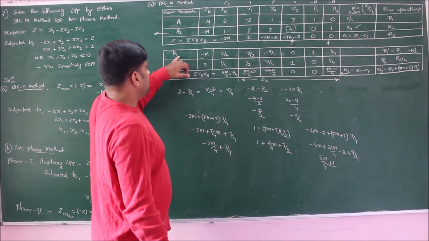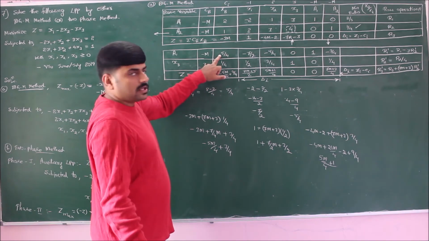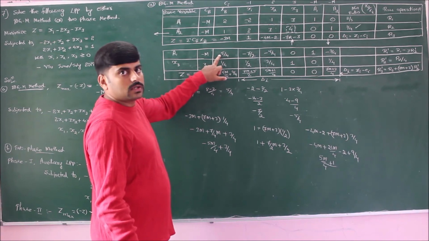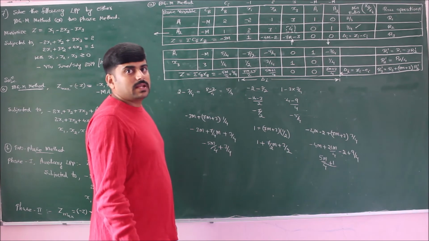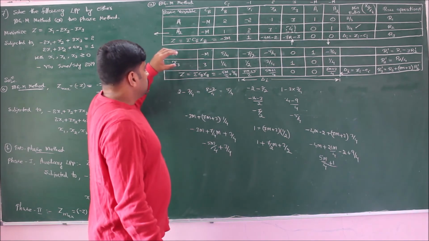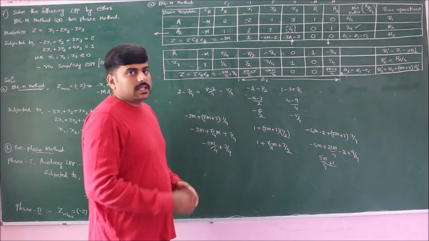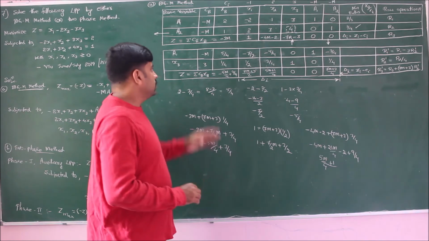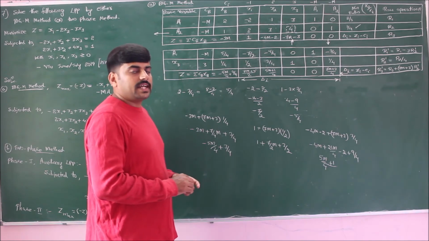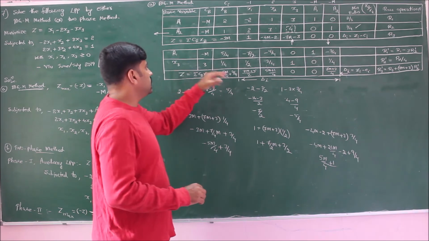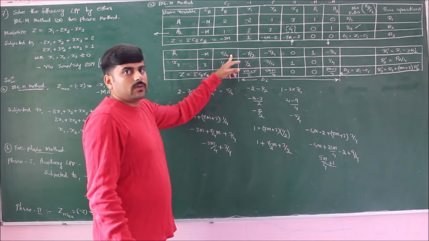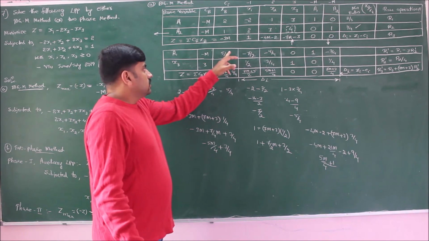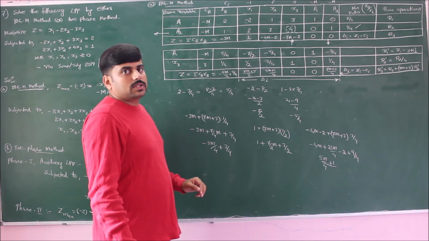But since A1 is greater than or equal to 0, that is 5 by 4, the problem has infeasible solution. In the final matrix, when delta I is greater than or equal to 0, you should not have the value for artificial variable. Since artificial variable is greater than or equal to 0, the problem has infeasible solution.